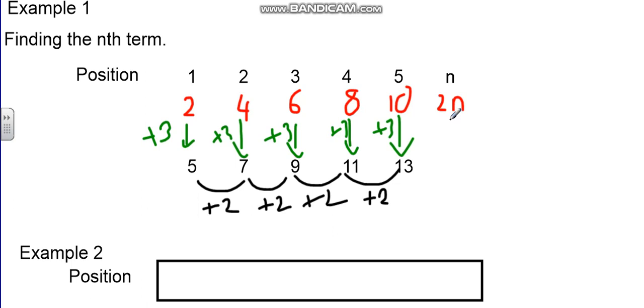So the same has to be done here, plus 3. So the final nth term for this sequence will be 2n plus 3. That is the nth term for this sequence.